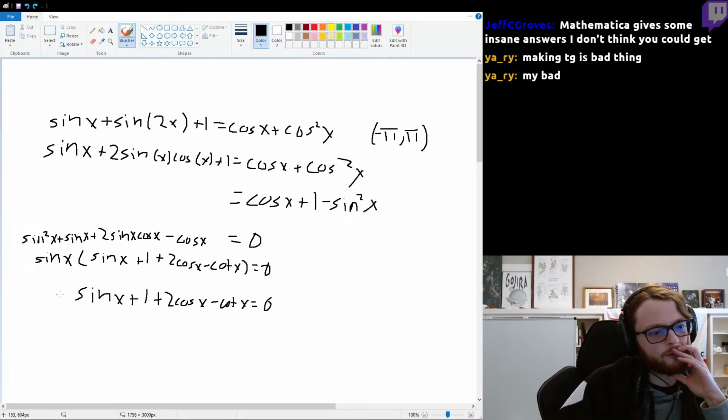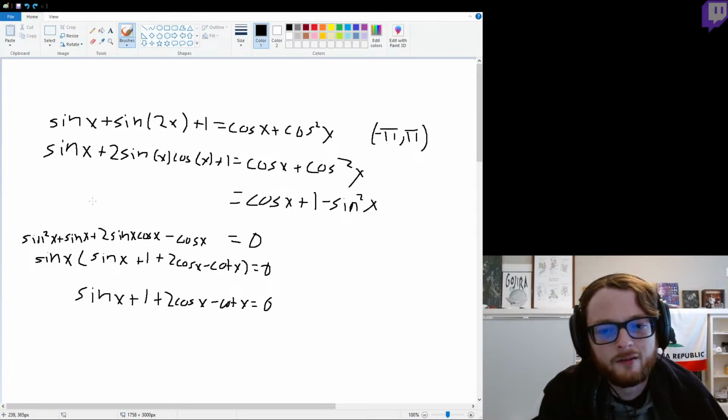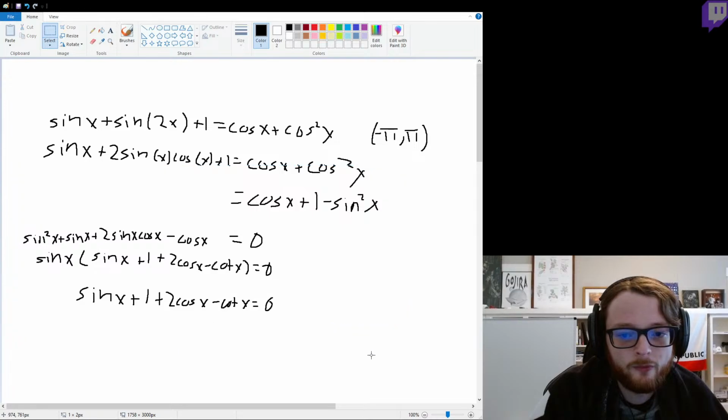On the other side is 1 plus 2 cosine x sine x plus 1? Well, that's sine x. Ooh, all right, let's investigate that.